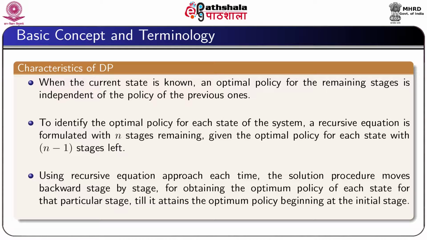And finally, using recursive equation approach each time, the solution procedure moves backward stage by stage for obtaining the optimal policy at each state for that particular stage till it attains the optimal policy beginning at the initial stage.